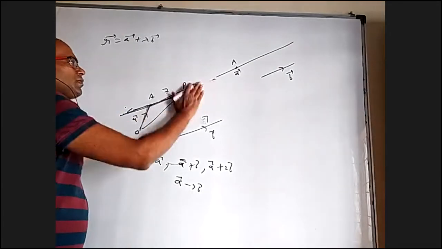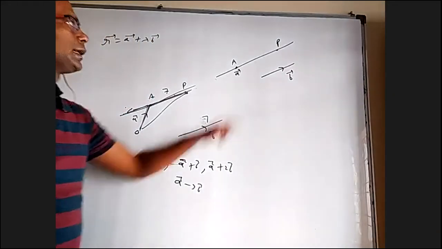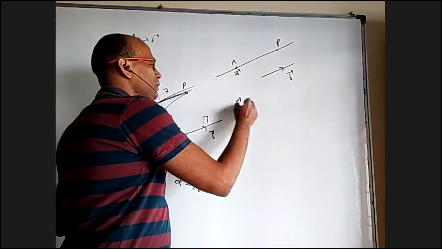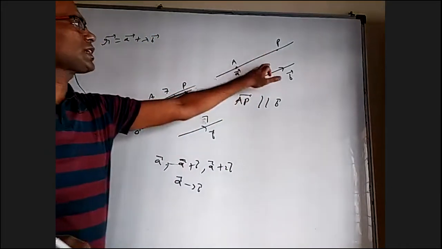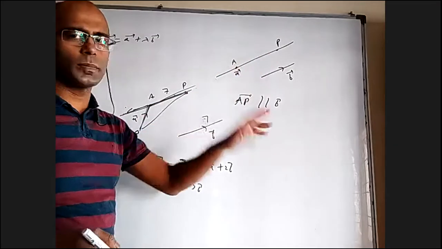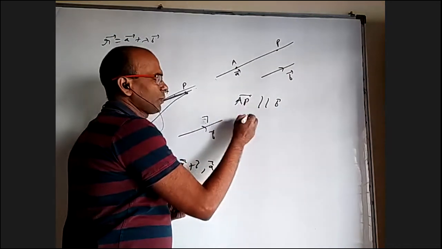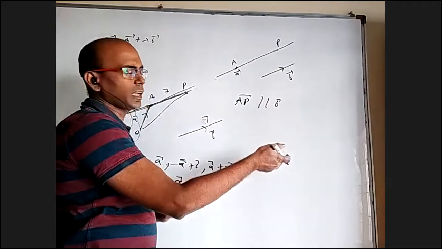Another way is you take any point on this line as P. If P is anywhere on this line, then AP bar is parallel to B bar. But if P is outside this line, anywhere else, AP bar will not be parallel to B bar. Now if two vectors are parallel, I can write one vector as a scalar multiple of the other.